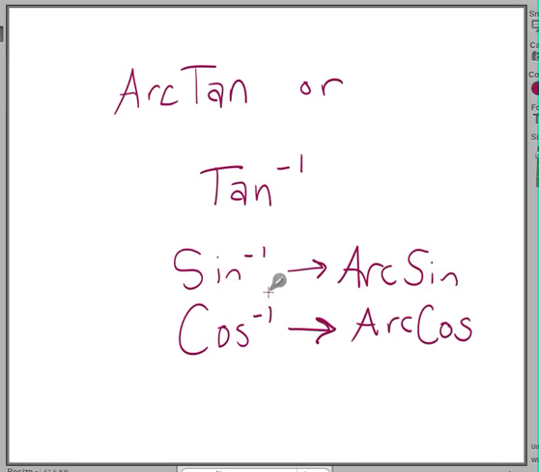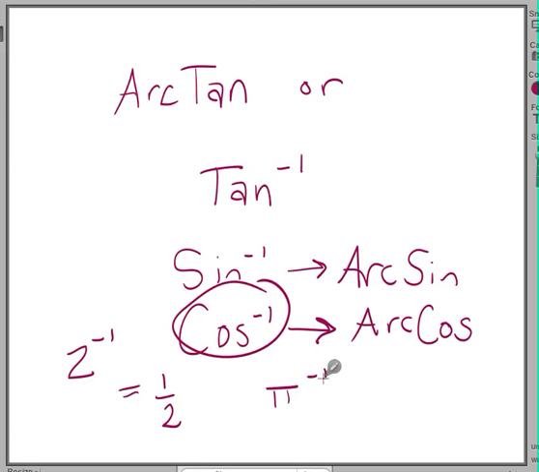The only problem with using this format is it looks a lot like an invert when we use the inverse of a number, like 2 to the negative 1. Well, you all know that equals 1/2, or 1 over 2. Pi to the negative 1 is equal to 1 over pi.